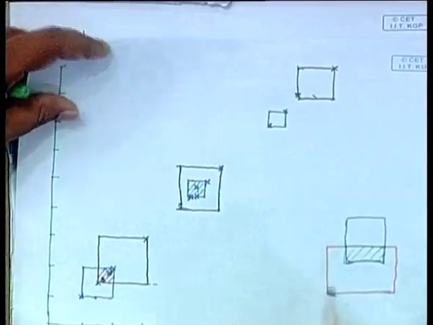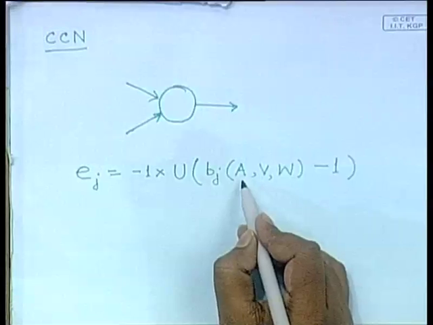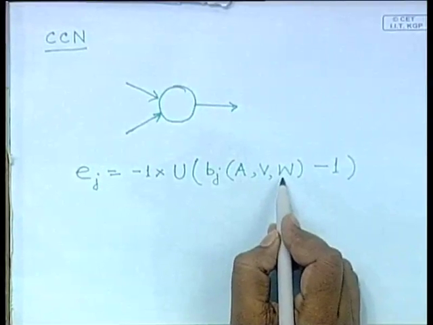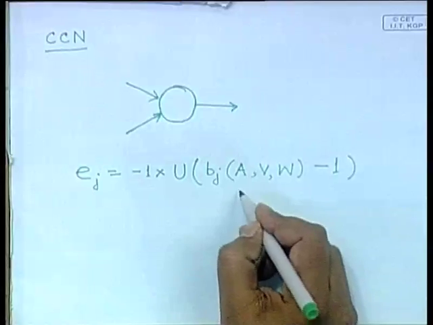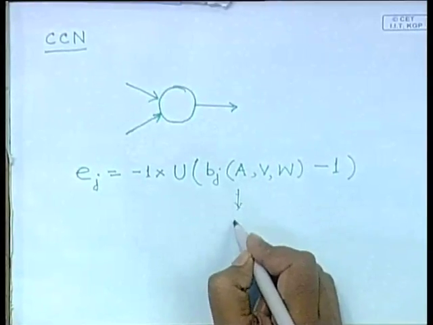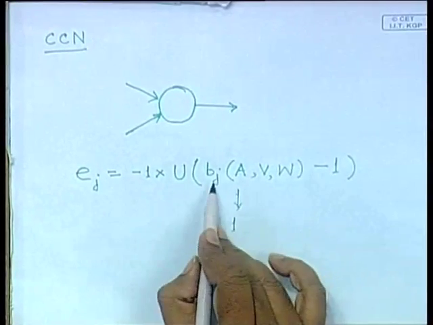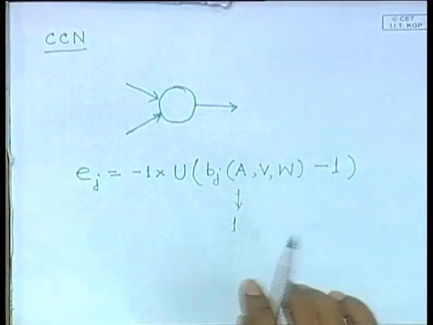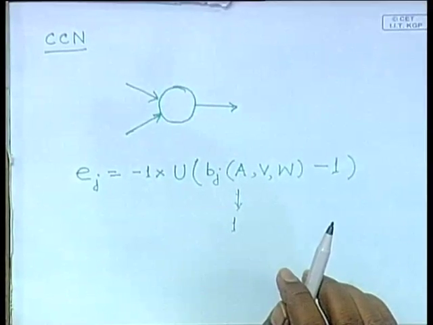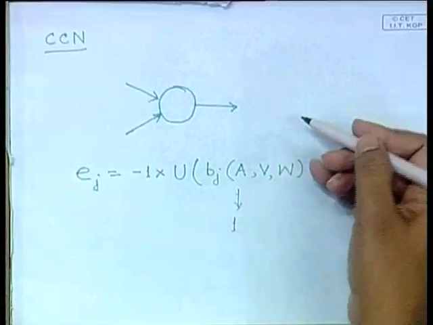Okay. So, again as before, if the point A falls within that contained region, in that case B j A V W as before will be equal to 1, and this quantity B j A V W minus 1 will be equal to 0, right.